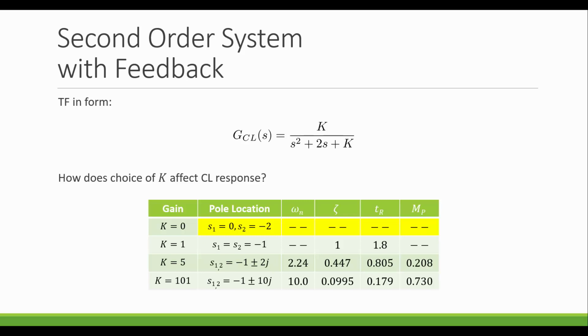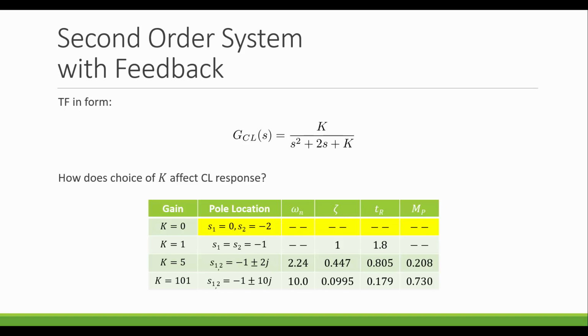We know it's underdamped already because it has complex poles. So we get a natural frequency of 2.24, damping ratio 0.45, and we can use those to compute a rise time and a max overshoot. We can also compute peak time, settling time, whatever else we might be interested in. I'm just using rise time and max overshoot right now. So a max overshoot of about 21% when our gain is 5, and a rise time of 0.8 seconds.